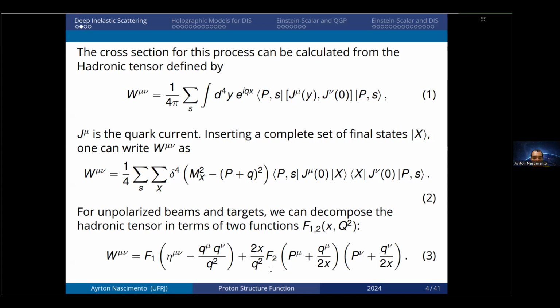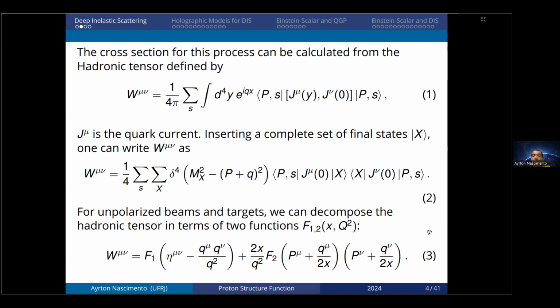So what are these functions? What do they tell you about the process of deep inelastic scattering? In the late 60s and early 70s, people started to do experimental studies on deep inelastic scattering, and a concept was devised back then to help understand what these f1 and f2 functions are all about.